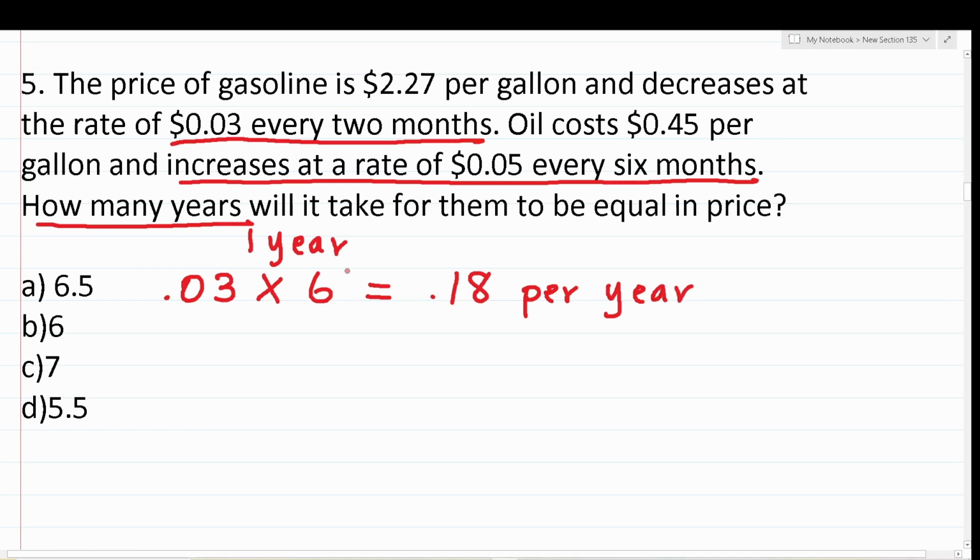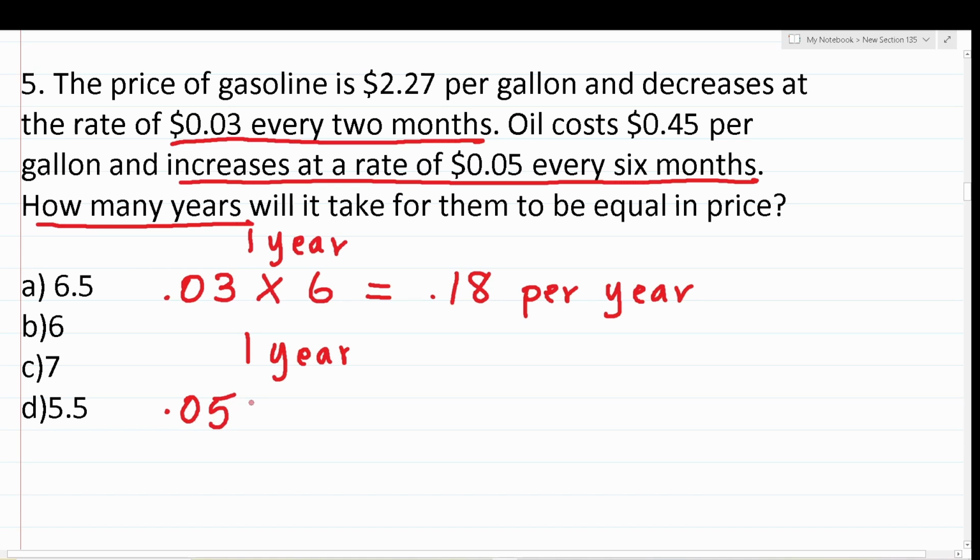All right, so we standardized this first rate to be in terms of years, which is ultimately what this question is asking. Let's do the same thing for oil. Again, we're going to standardize it to be in terms of 1 year. We know that it increases at a rate of 5 cents every 6 months.